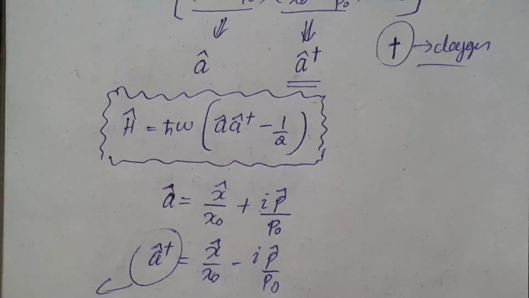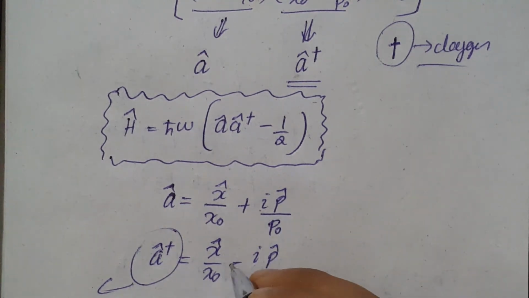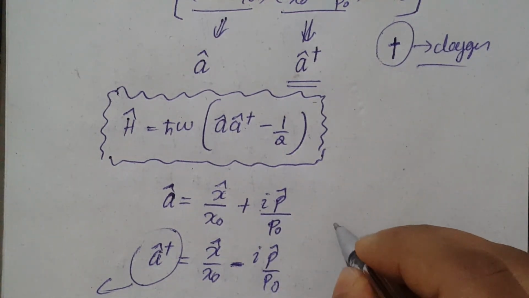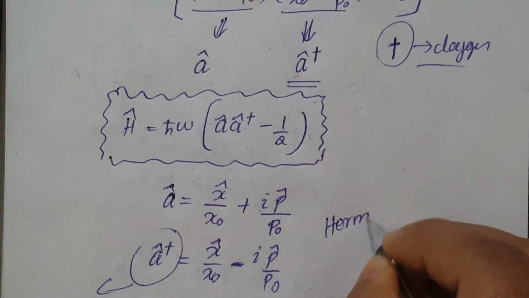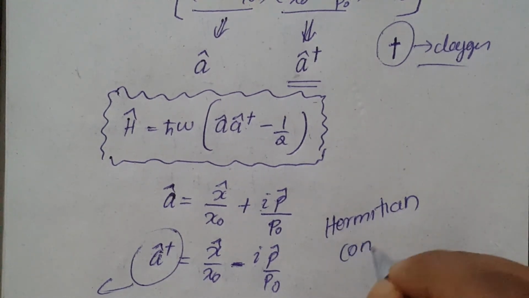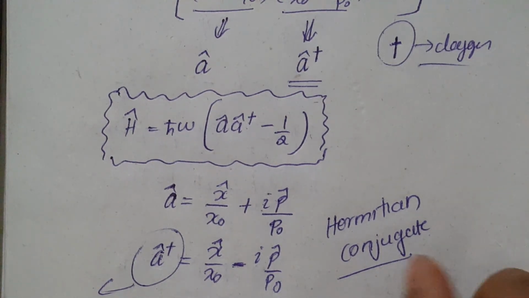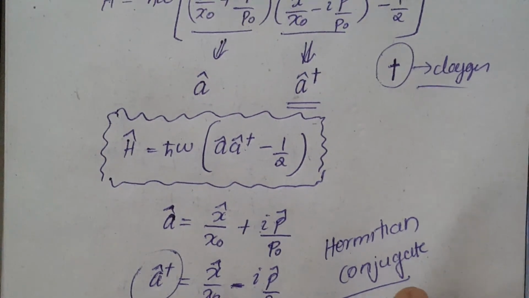When you look at this, it looks like some complex conjugate, right? But the conjugation happens only for this i. X cap and p cap and p naught and x naught remain the same, so they have some relation. Actually this is called Hermitian conjugate, or sometimes simply conjugate.